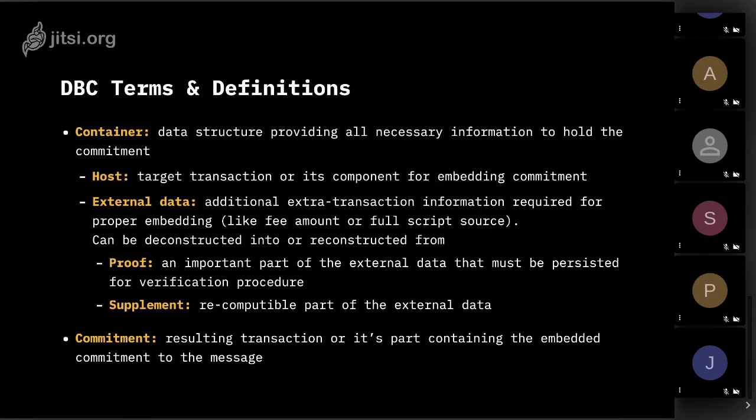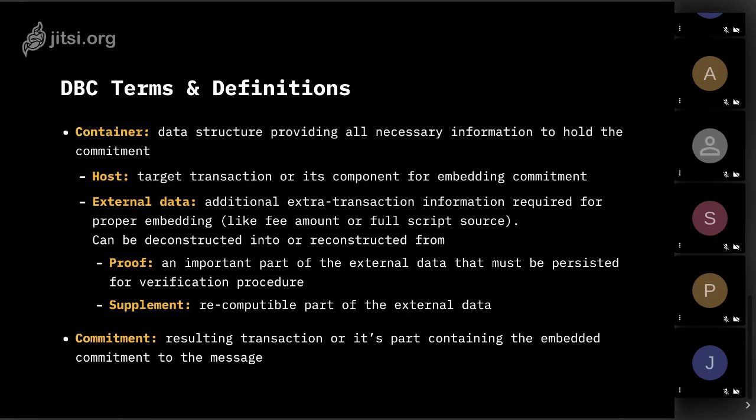So you need a trusted source to get the supplement. A trusted source can be a Bitcoin Core node you trust. And you trust that the transaction graph provided by this Bitcoin Core is valid and included in the longest chain. And you use that transaction graph to compute the fee, which is a part of the supplement. And then you use the supplement together with the proof you kept to be able to prove the commitment itself.